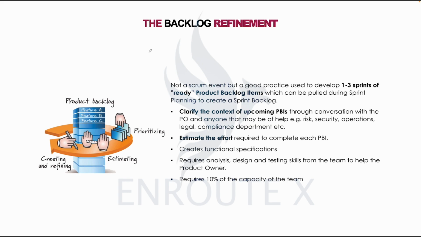It's not a Scrum event, but a good practice used to develop 1 to 3 sprints of ready product backlog items. So a smart team wants to prepare the product backlog earlier than when the sprint is ready, that is before they get to that sprint.